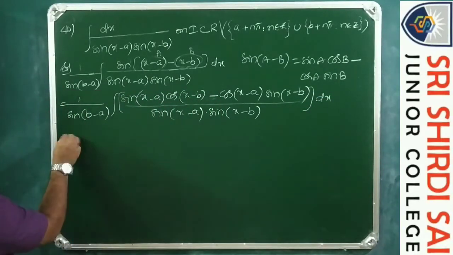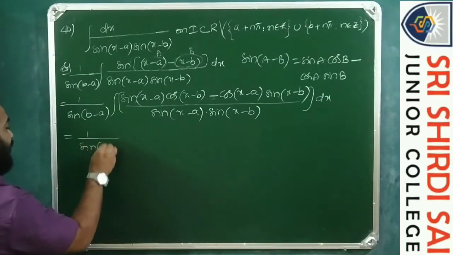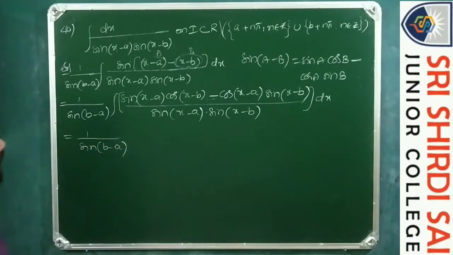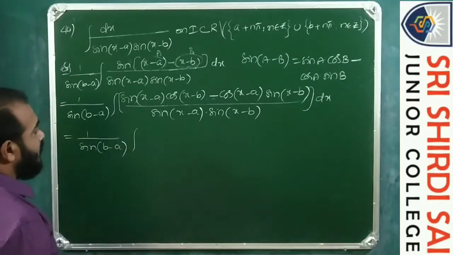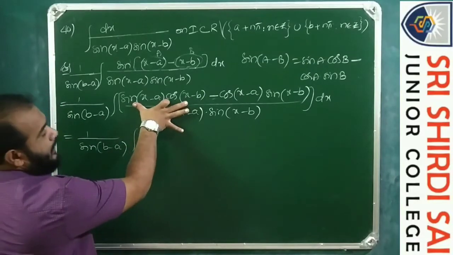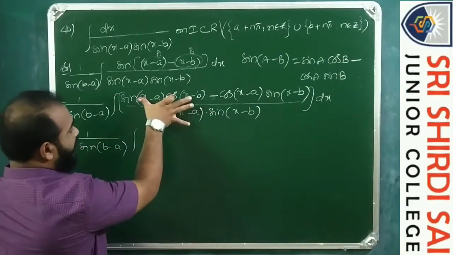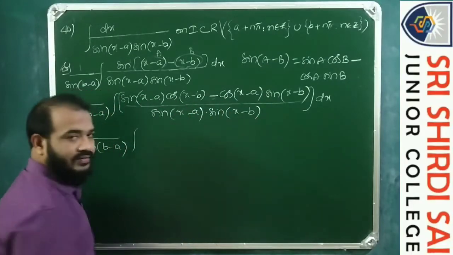This is equal to 1 by sin(b minus a) integral. So this is a minus b by c, a by c minus b by c.